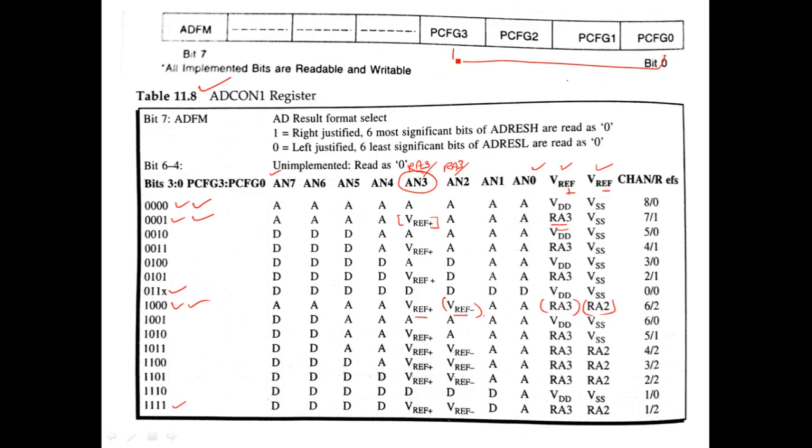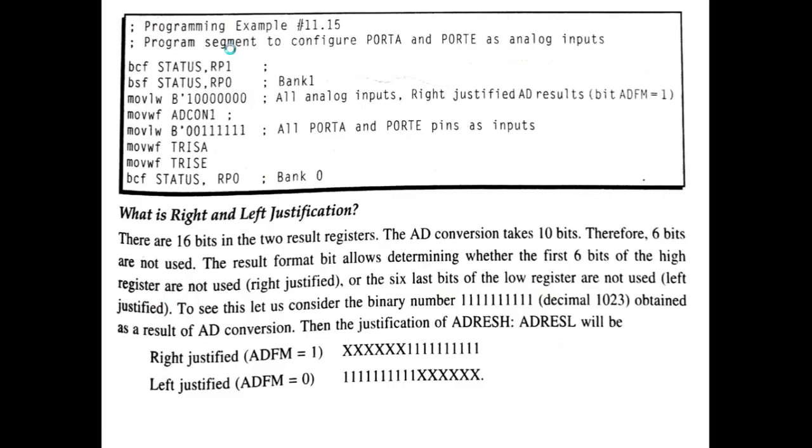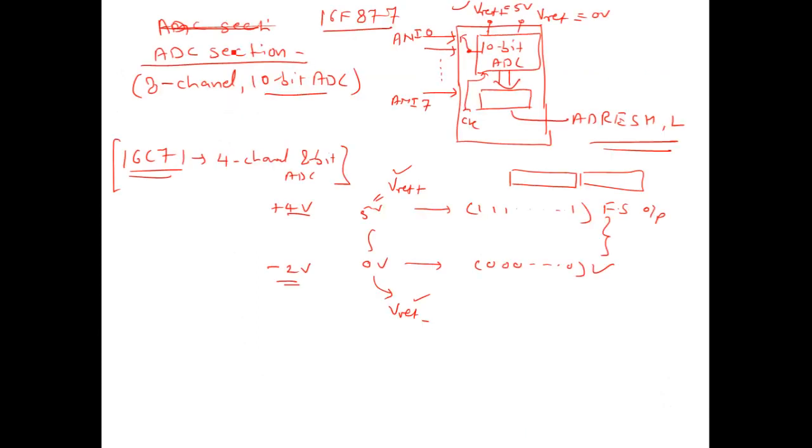The next thing is about this ADFM bit. This bit decides whether your result will be stored as right justified or left justified. Just now we have seen that there is a complete 16-bit space available to store the result.